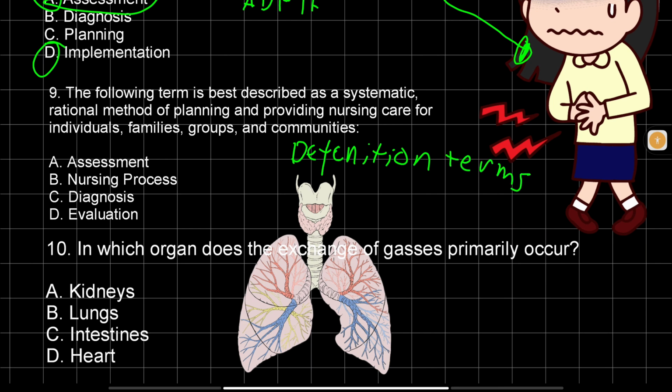You will see these in the board. Is it A, assessment? Is it B, nursing process? Is it C, diagnosis? Or is it D, evaluation? Your 5 seconds starts now.